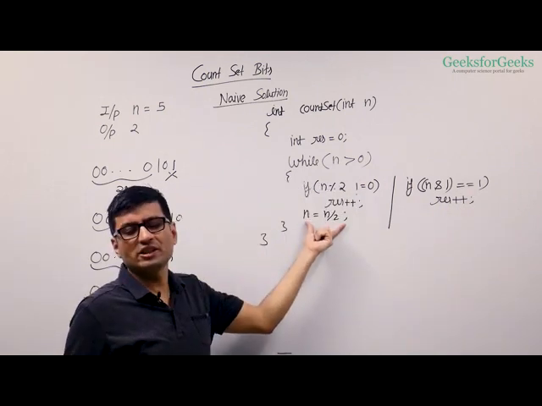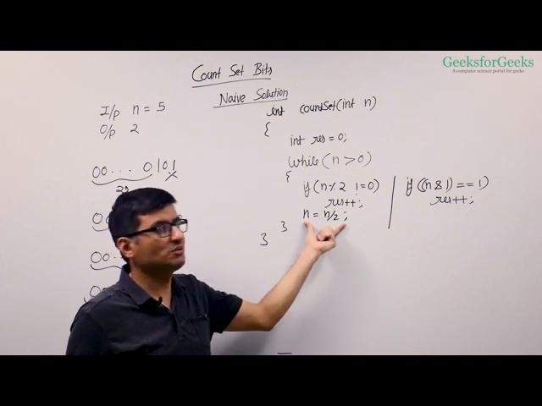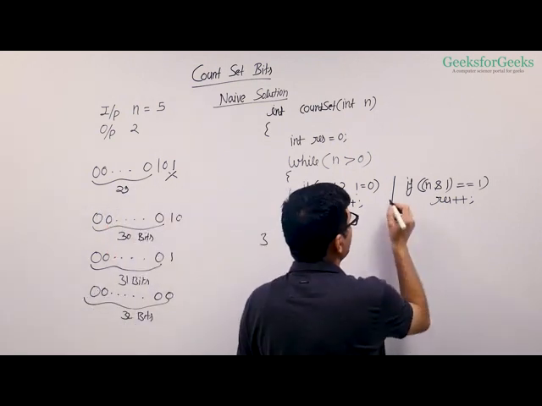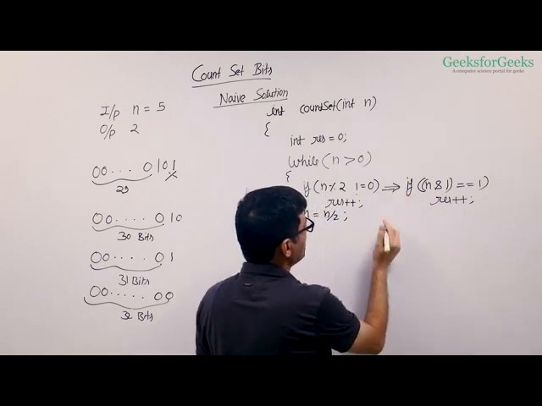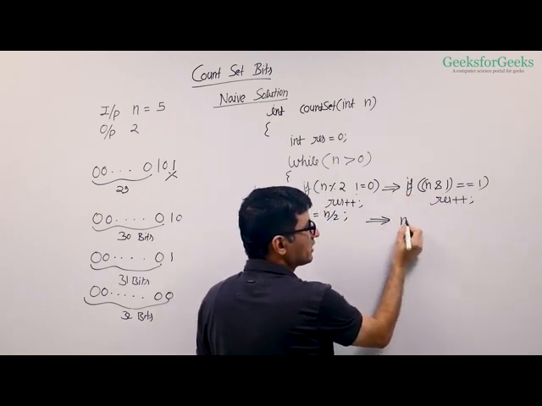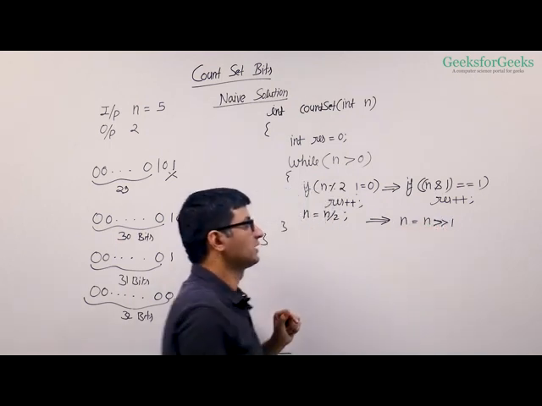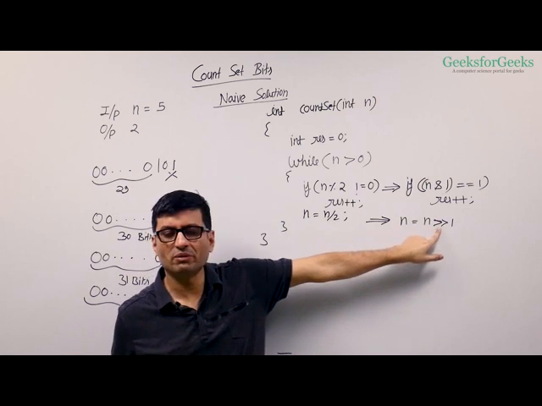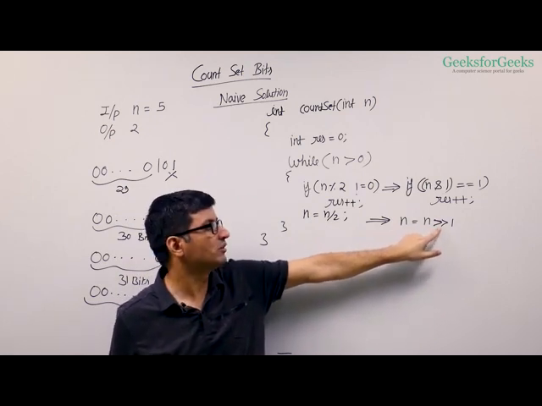And we can replace this using right shift. n = n / 2 can always be achieved by right shift. So you can replace this if condition with this condition, and you can replace this expression with n = n >> 1. This will also do divide by 2. Your 5 will become 2, then 2 will become 1, and then 1 will become 0.